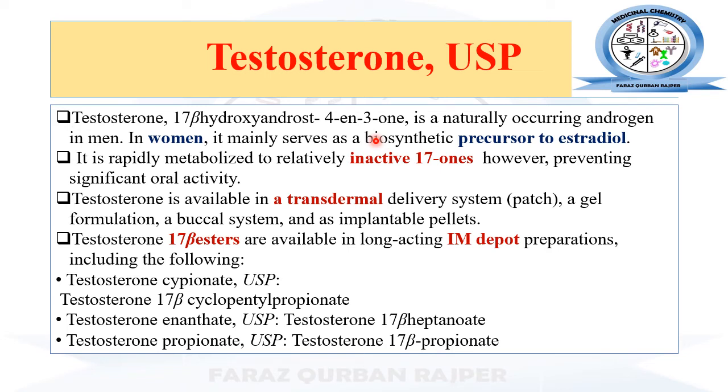In women it mainly acts as a precursor. Precursor for what? Precursor for the biosynthesis of estradiol or estrogen, and we know that estrogen is majorly synthesized inside the female body. So testosterone, if formed in excess in the female, will get converted into estrogen. Naturally occurring testosterone, or testosterone formulated just like the naturally occurring molecule, is orally inactive.